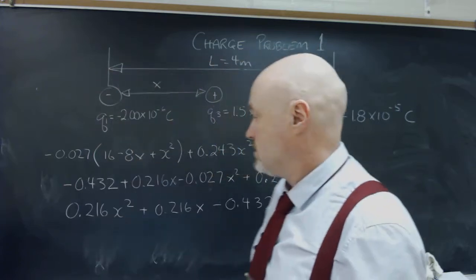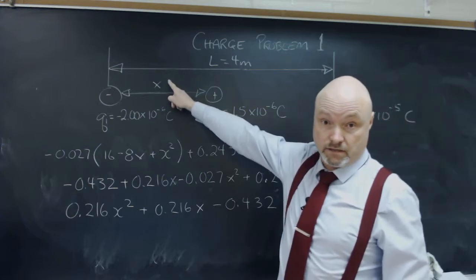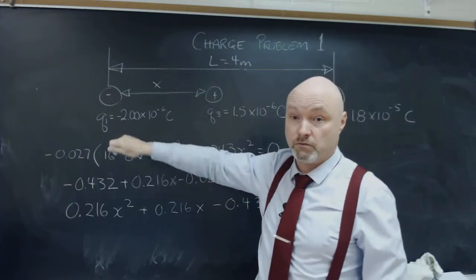Okay. I have a quadratic now in terms of x, and x was the distance that charge 3 was placed away from charge 1.